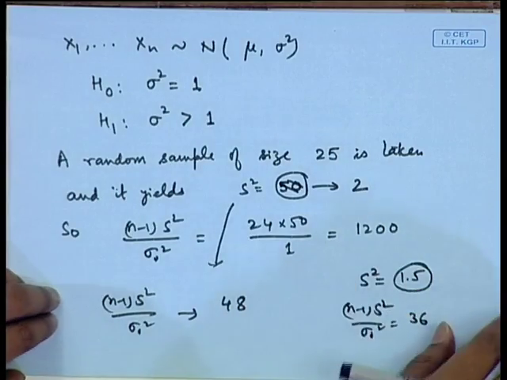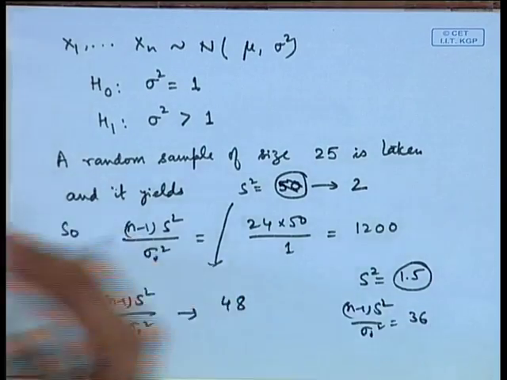So, easily you can see that the acceptance or the rejection of the null hypothesis is dependent upon the probability of the type 1 error as well as the point sigma naught square, or you can say theta is equal to theta naught in the null hypothesis that is used as a control here.